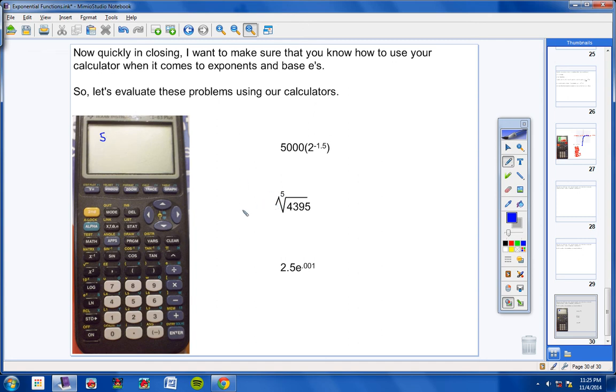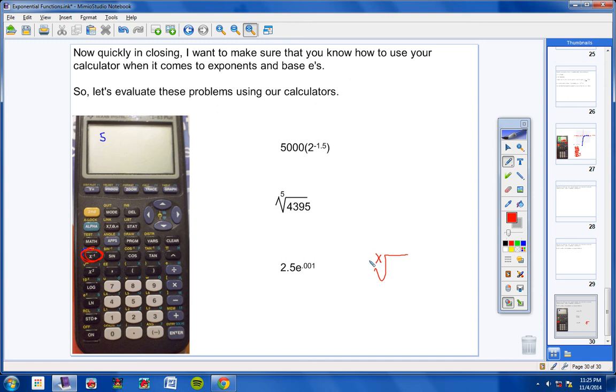Then hit math. This button right here, math. And look at option number 5. It should have a little X like this with radical. Okay, so go ahead and scroll down to 5 and hit enter. Or just push number 5, whatever you want to do.